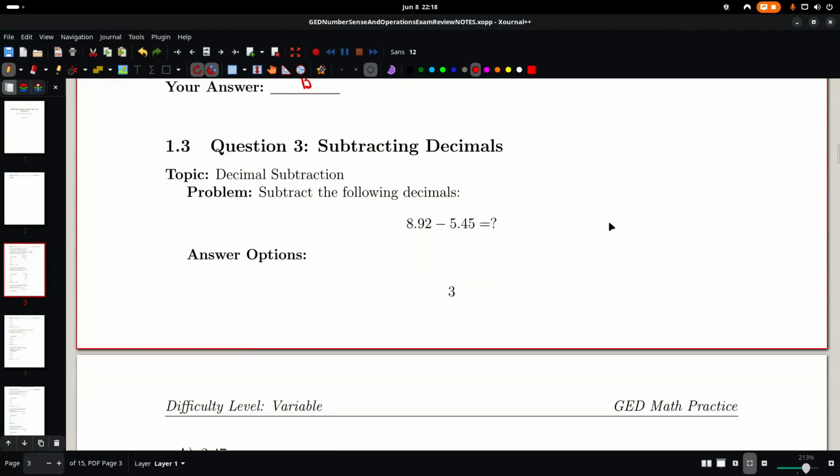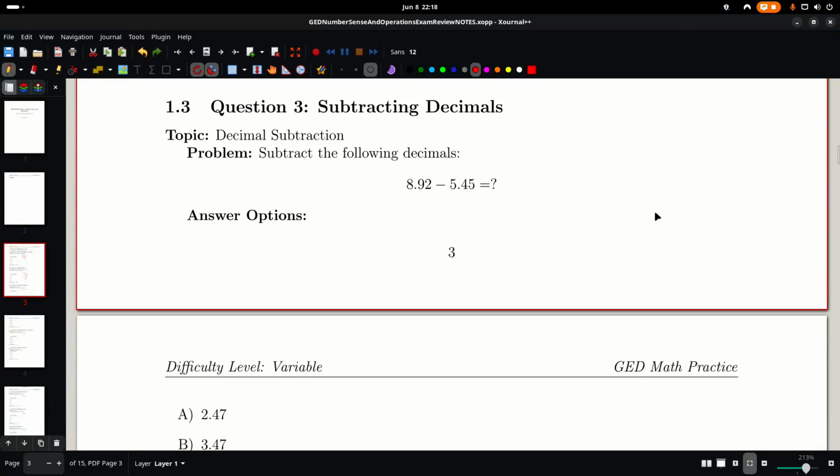3. So subtracting decimals. We did a little bit of this previously in our review. If we're subtracting decimals, remember we have to line up the decimal places. So we've got 8.92, and then we stack the numbers, 5.45, like this, and we can't subtract 5 from 2, so we borrow 1 from the 9, so that becomes an 8.